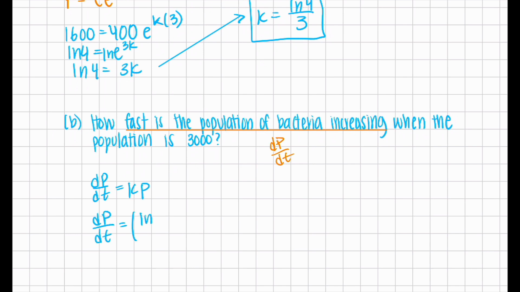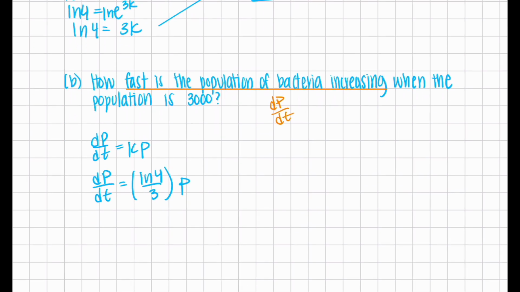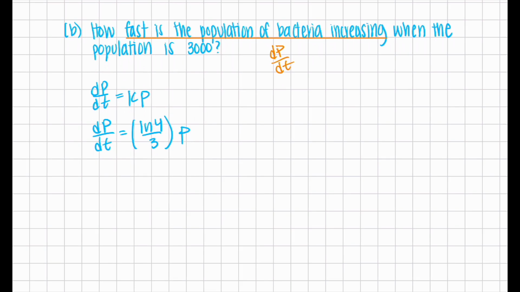K equals the natural log of 4 over 3, and so I have that times P. And they're asking for the rate of change, how fast is the population of bacteria increasing, when P equals 3,000. So I'm going to plug in 3,000.